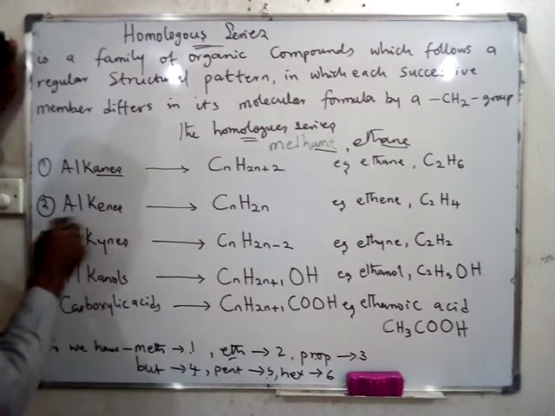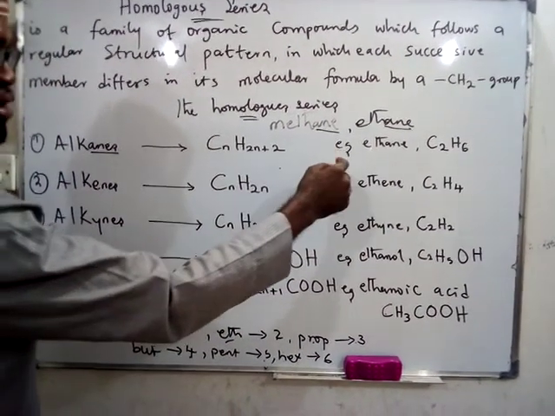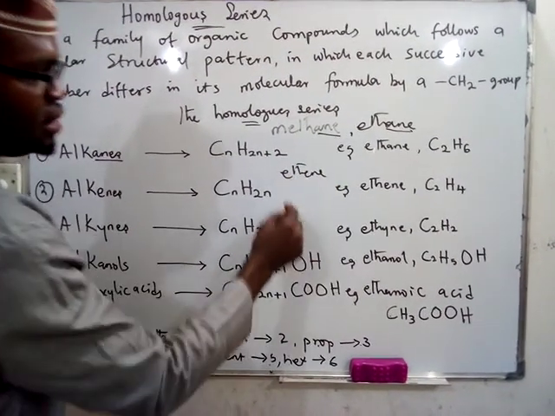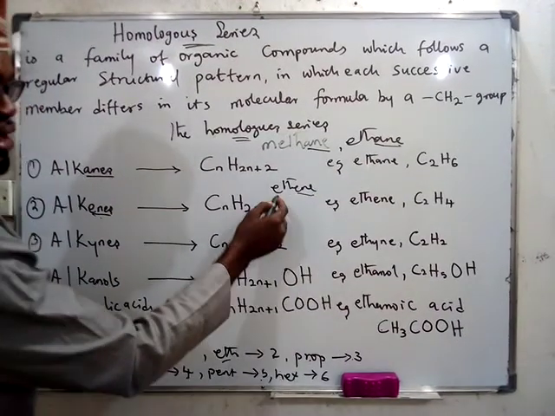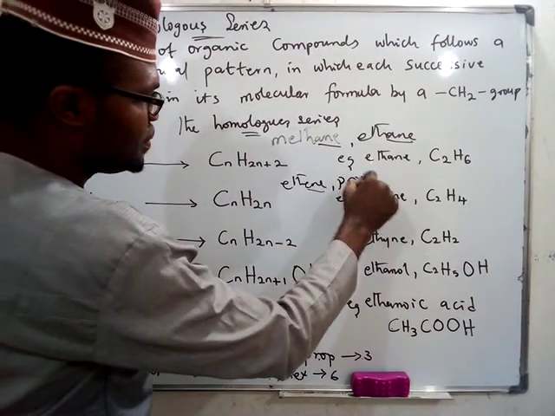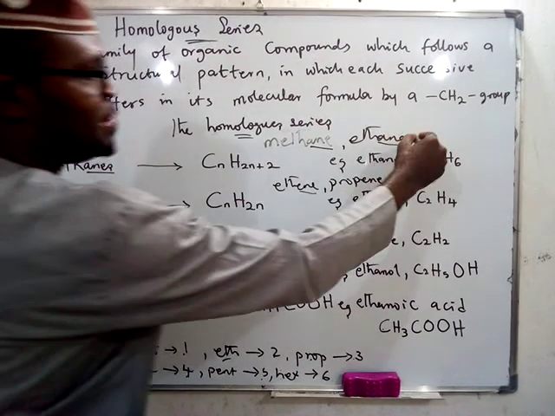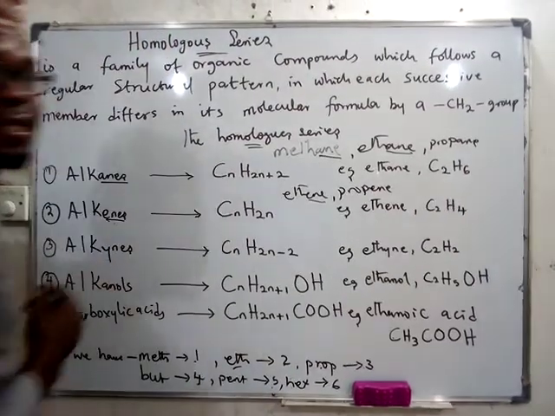The same way, the first member of alkene is also 1. The second member will be ethene, similar to this, only that this is 2. The third member will be propene, whereas here, the third member will be propane.